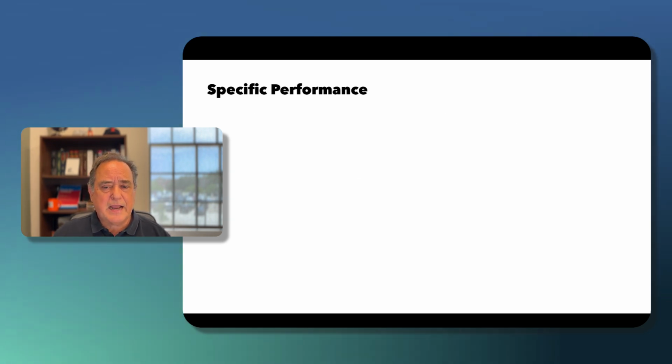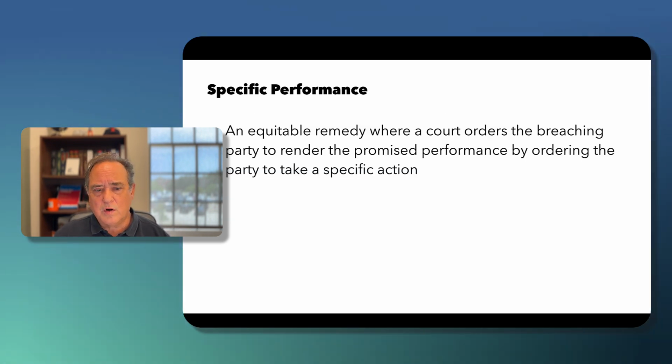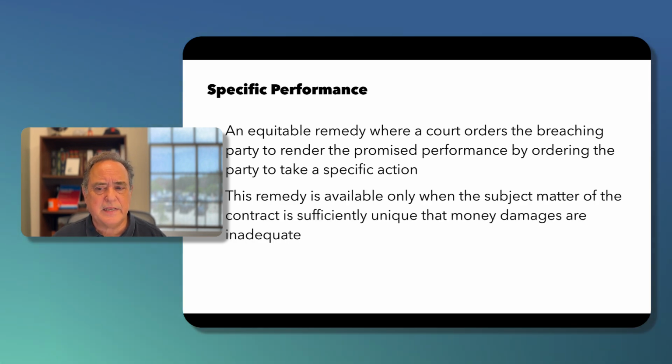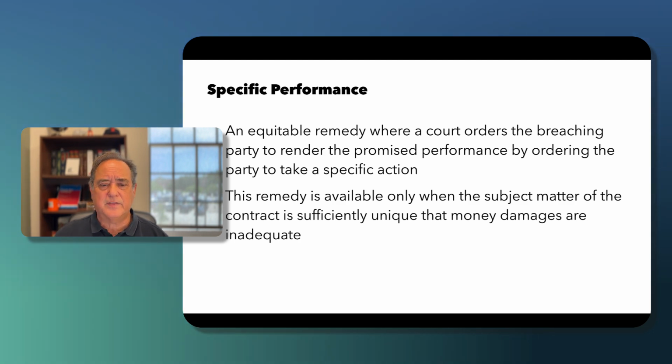Specific performance is an equitable remedy where a court orders the breaching party to render the promised performance by ordering the party to take a specific action. Now, this remedy is usually only available when the subject matter of the contract is sufficiently unique such that money damages are inadequate.